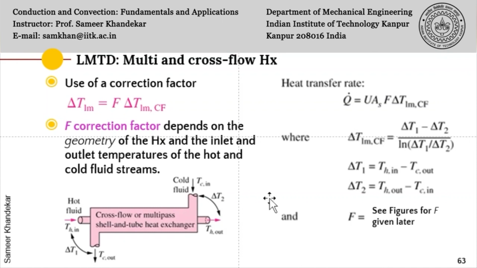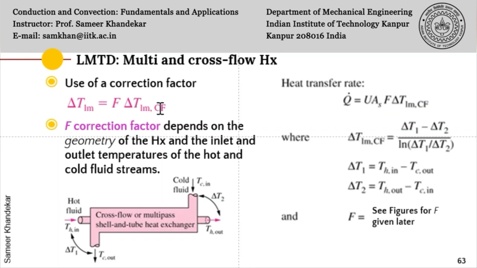What is usually done is the application of a correction factor. So the delta T LM, that is the LMTD, which is applicable for a given geometry and given shape and size of a heat exchanger, is equal to F times the LMTD of a counterflow heat exchanger.